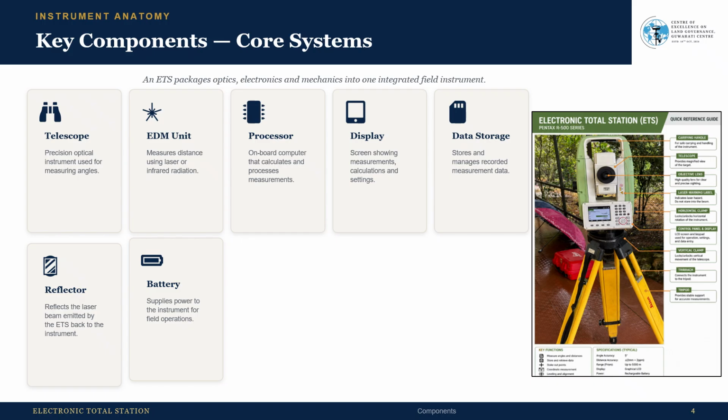The display provides the surveyor with measurement values, settings, and calculated information. The data storage system records the observations and survey data for later use. The reflector, commonly used as a prism, reflects the transmitted signal back towards the instrument. And finally, the battery provides the electrical power required for field operations. These components work together as one integrated surveying system.